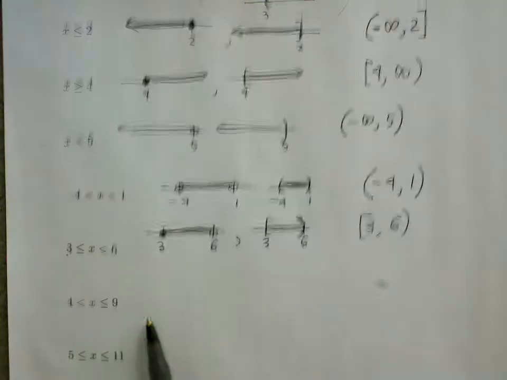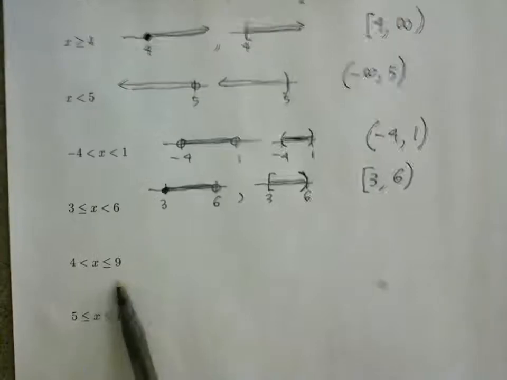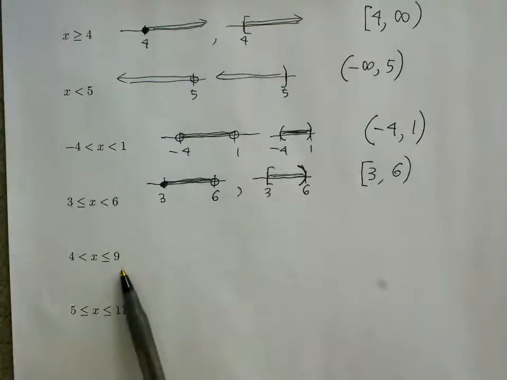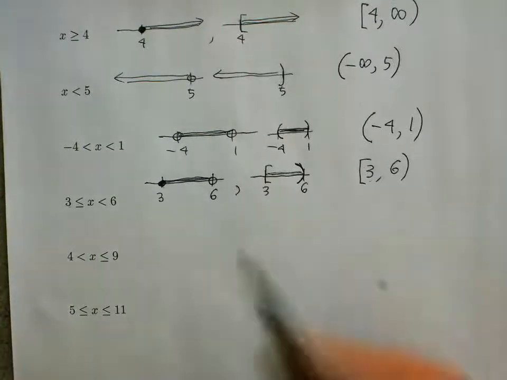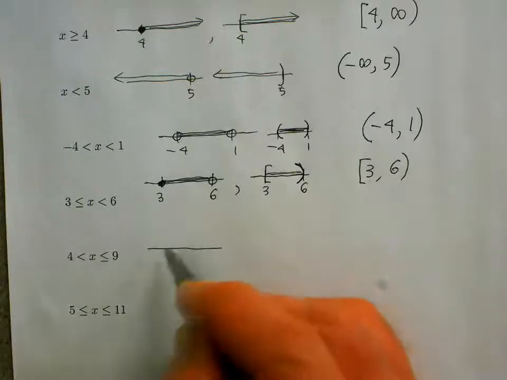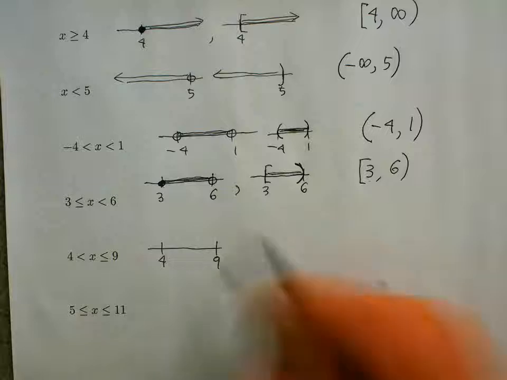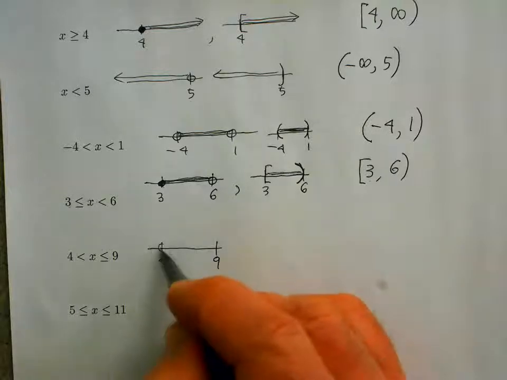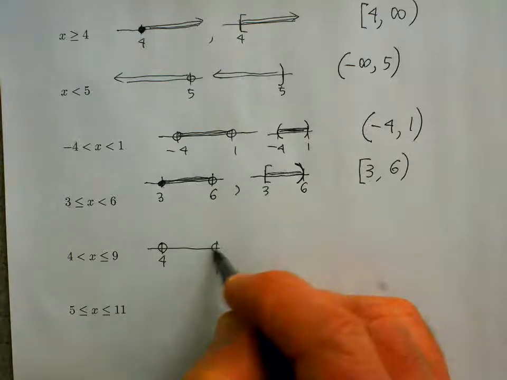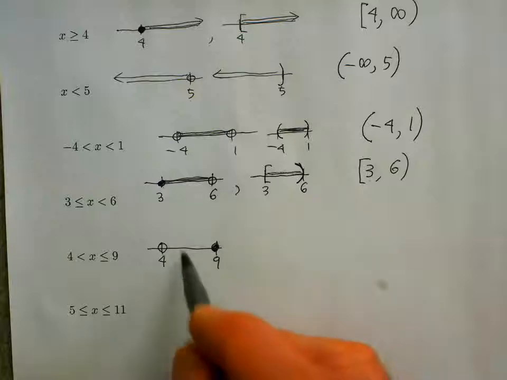Okay, the next one, 4 is less than x, which is less than or equal to 9. So to graph it, we plot the numbers 4 and 9. Open circle at 4, closed circle at 9, and then shade everything in between.